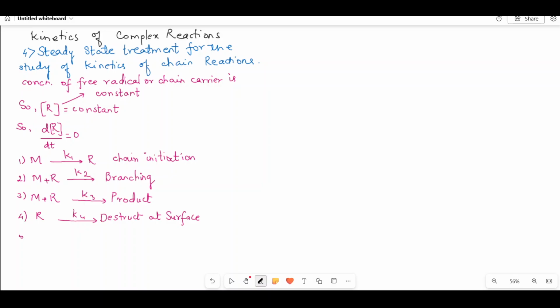And the last one, if it is in a gas phase, destruction in gas phase.